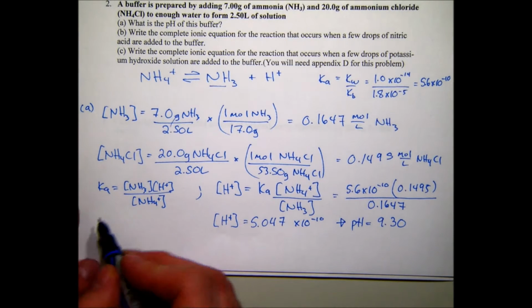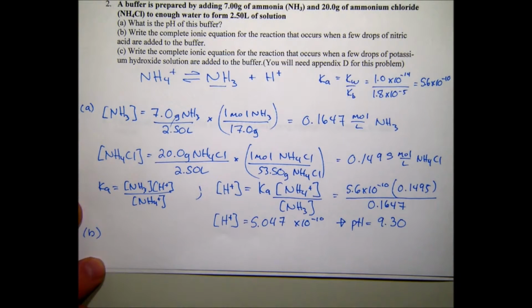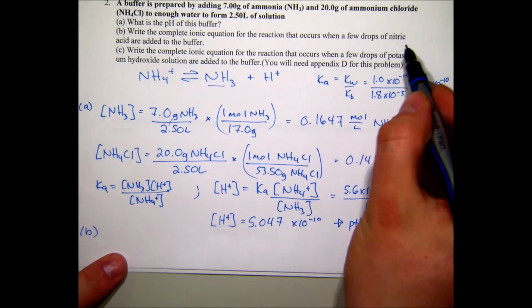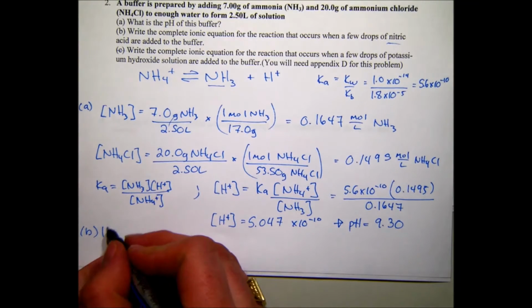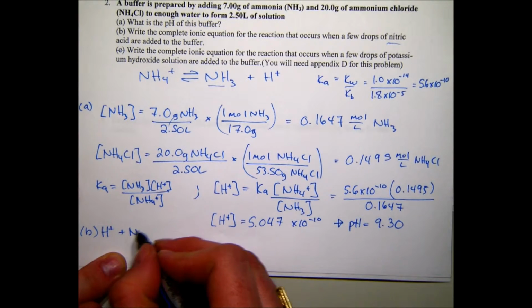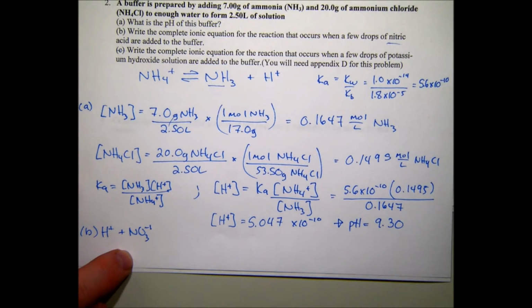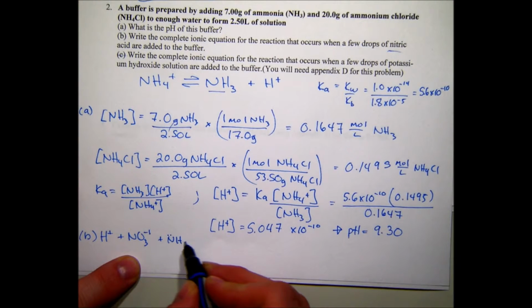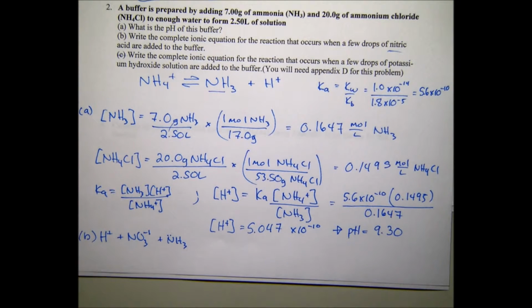So now we're just going to extend what we've done in class to look at what happens when we add an acid or a base. So if you were adding a few drops of nitric acid, you're adding H plus and nitrate. Nitric acid will react with the base, which is the ammonia.